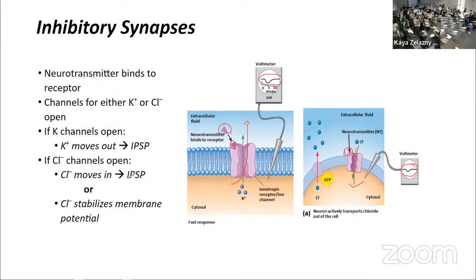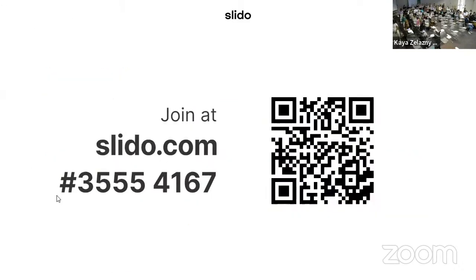Okay? So if we have chloride ions move in, this creates an IPSP. Chloride can also stabilize membrane potentials. I won't expect you to know the full details of how it stabilizes, but just think about it as canceling out, basically like sodium ions, stuff like that.